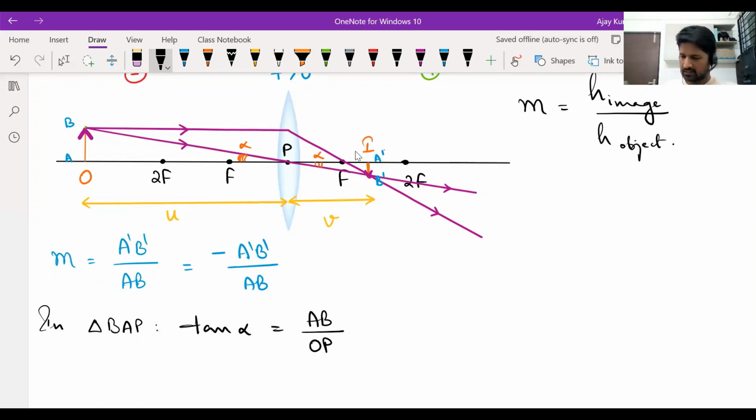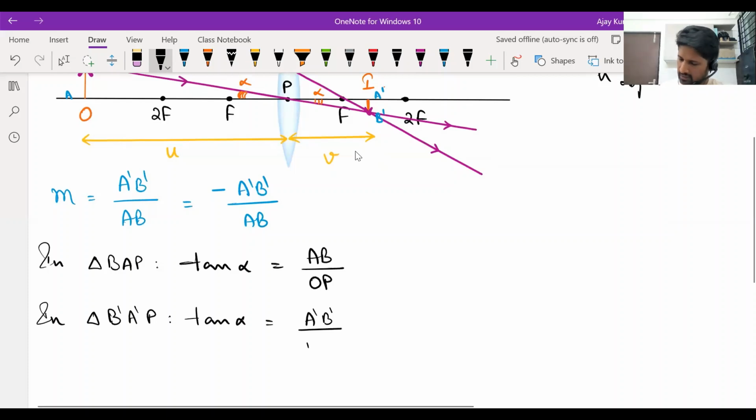And on the right side of the lens, in triangle B dash A dash P, image and the optical center, if you imagine that right angle triangle, the same tan alpha becomes A dash B dash divided by IP, image to optical center. Equate these two.